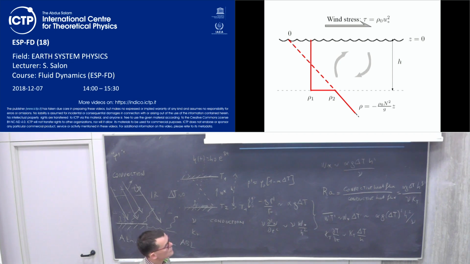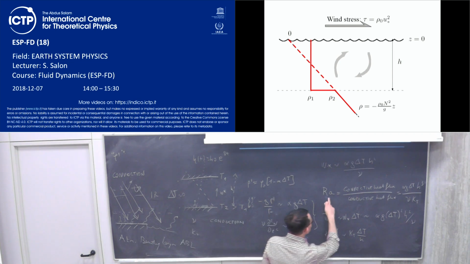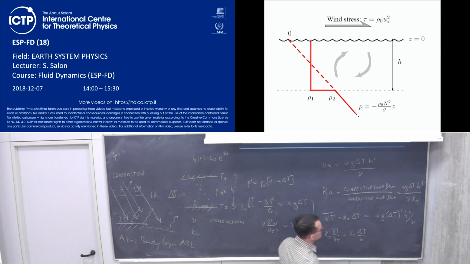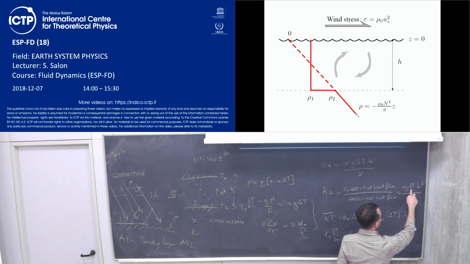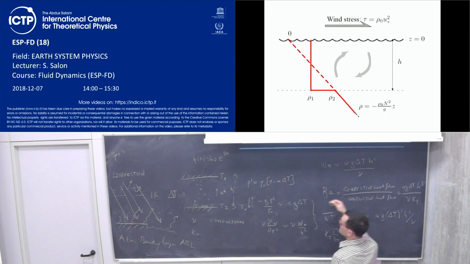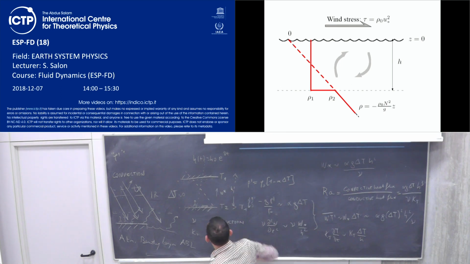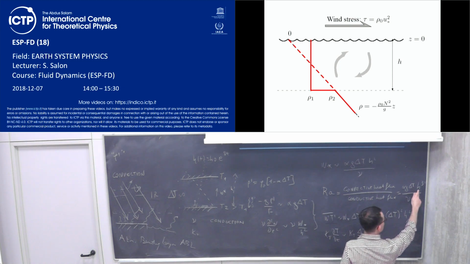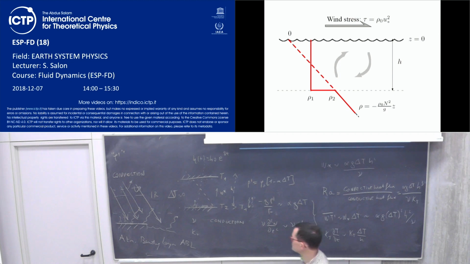Okay? So we have that the Rayleigh number, which practically measures the ratio between convection over conduction, is linearly dependent on the temperature gradient, is strongly related to the third power of H, and is inversely dependent on the viscosity and on the diffusivity.